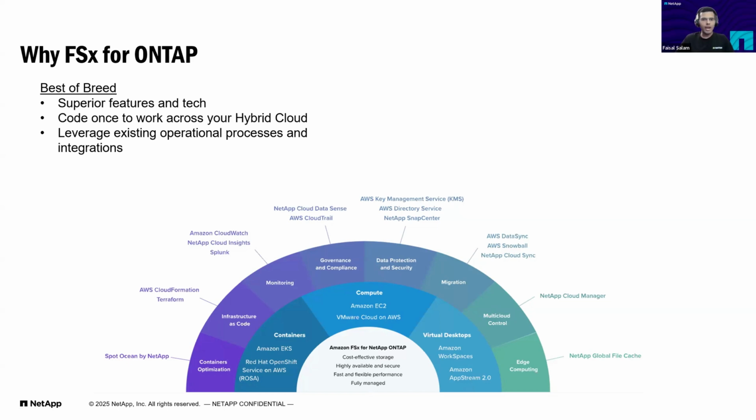Now, there's also the added benefit of integrating with existing AWS services like ECS, the Elastic Kubernetes Service, and VMware Cloud, should that be a requirement in your environments. Now, one of the interesting features that I personally love is how easy it is to provision FSX. There are two options.